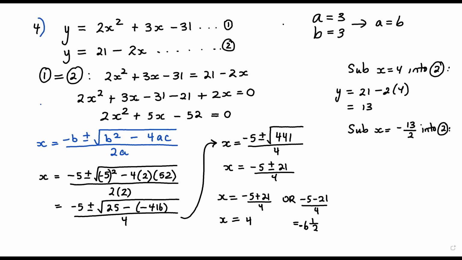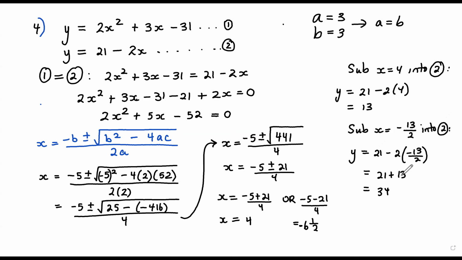So that will give me y is equal to 21 take away 2 times negative 13 over 2. So this will end up being 21 plus 13, which is 34.